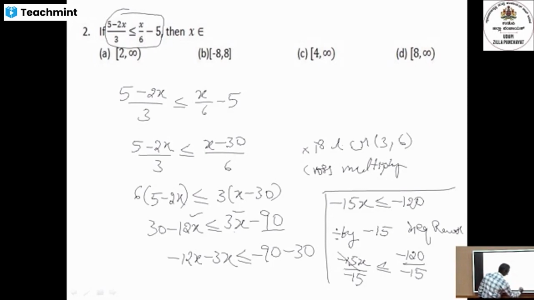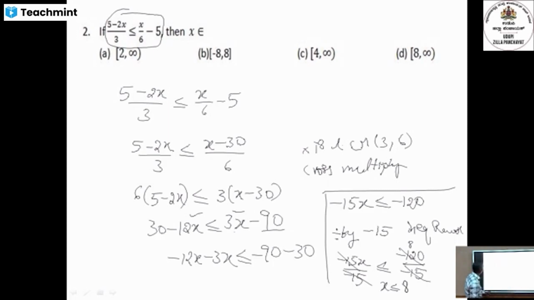So minus 15 cancels. 15 and 120, how many times does 15 go into 120? 15 times 4 is 60, so 8 times. So 120 cancels. So you will get x less than or equal to 8. Right? So x less than or equal to 8.